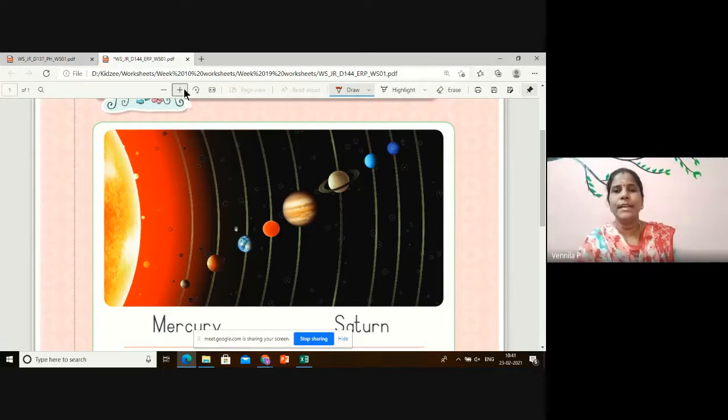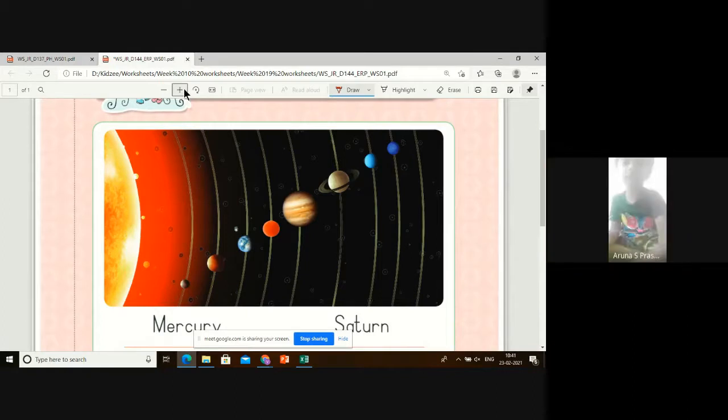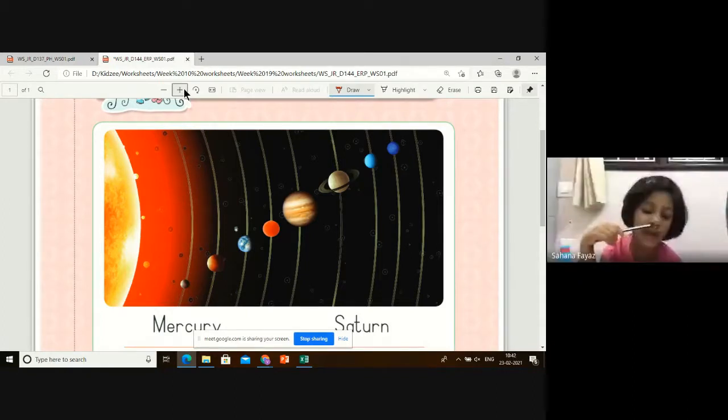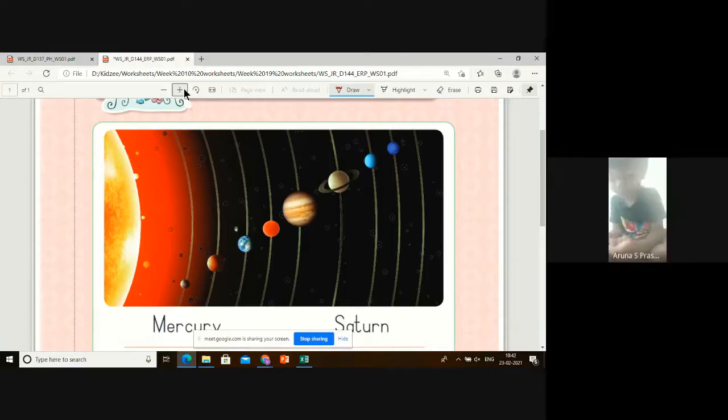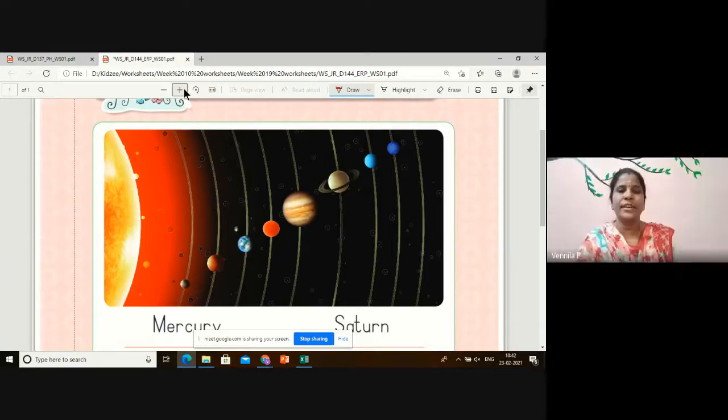First, where is Mercury? Mercury is the first one and it is the smallest planet. See here, this is Mercury. It is closest to the sun. It is the first planet and it is also very small.